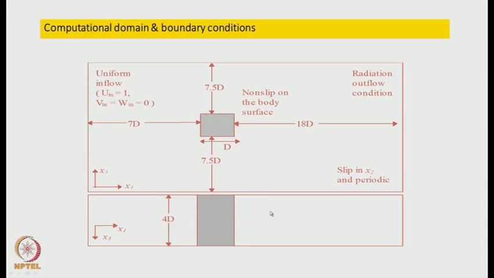Such a boundary condition is called periodic boundary condition. So, you observe here, if a problem is defined, there is a need to specify optimally the domain extent in all the directions and the boundary condition at all the boundary locations.